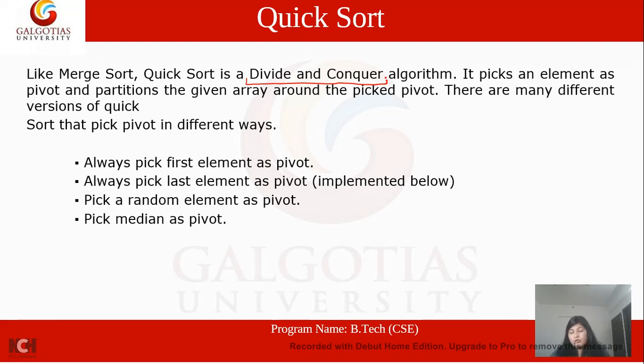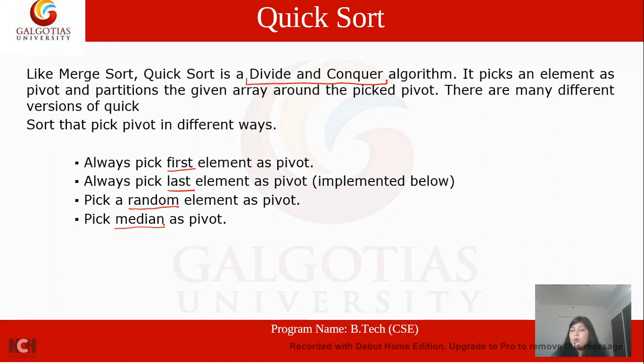So there could be many rules for picking the pivot. The first element can be picked, the last element can be picked. In my example set I have implemented the last element one. A random element can be picked as a pivot, or the median position can be picked as the pivot element.